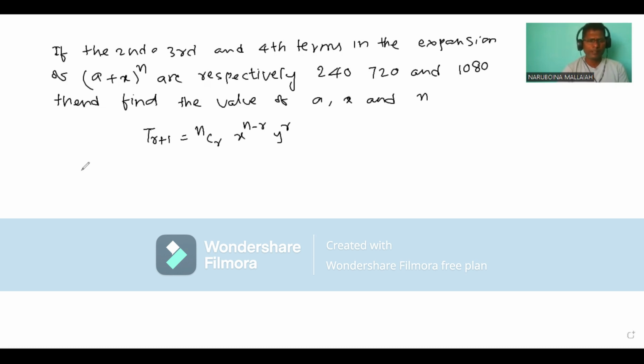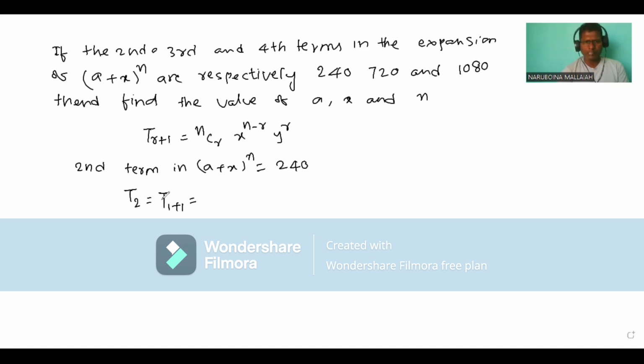Second term in (a + x)^n is 240. It is given as 240. So now we write the second term as T2, which is T(1+1).